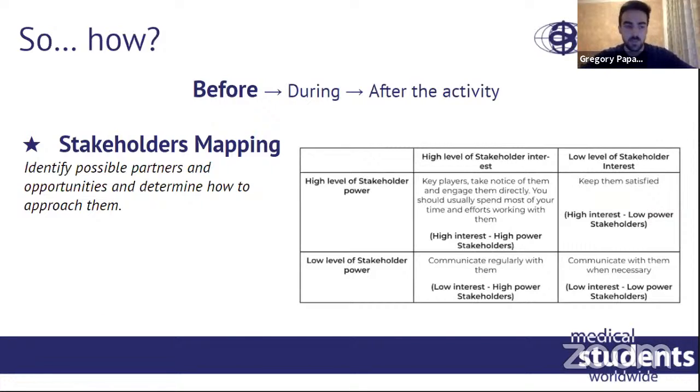And as I'm going to mention at the end, you basically, after the activity, can go back to the stakeholders mapping and reevaluate if you brought any impact. For example, if you took a stakeholder from the low level of interest and you have brought them to the high level of interest, this would be a success.